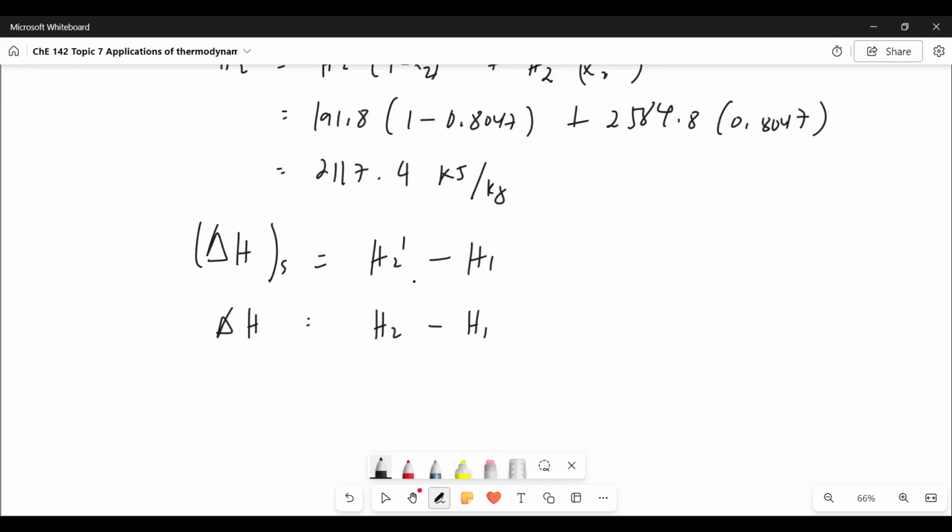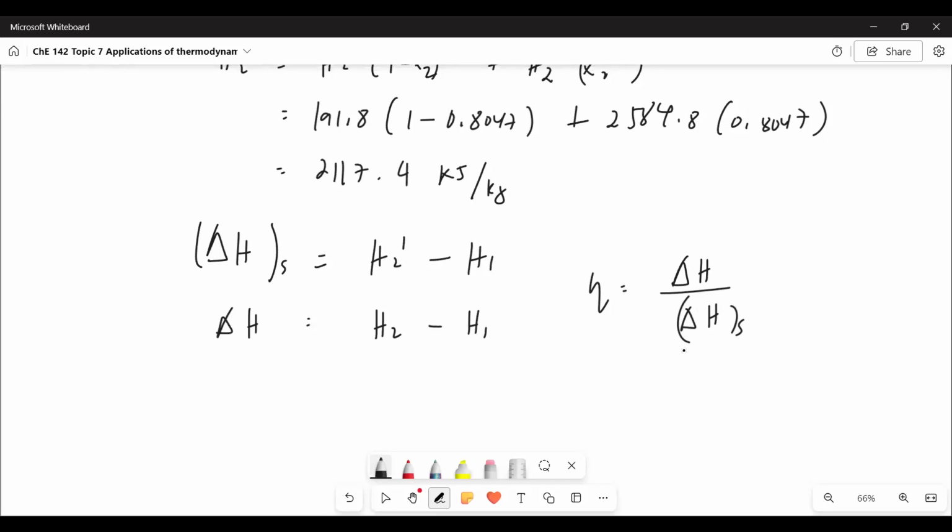And how do we relate the two? We relate them by the efficiency. What is in the denominator? What is in the numerator? The smaller one. So this is a work-producing device. The actual delta H is in the numerator.